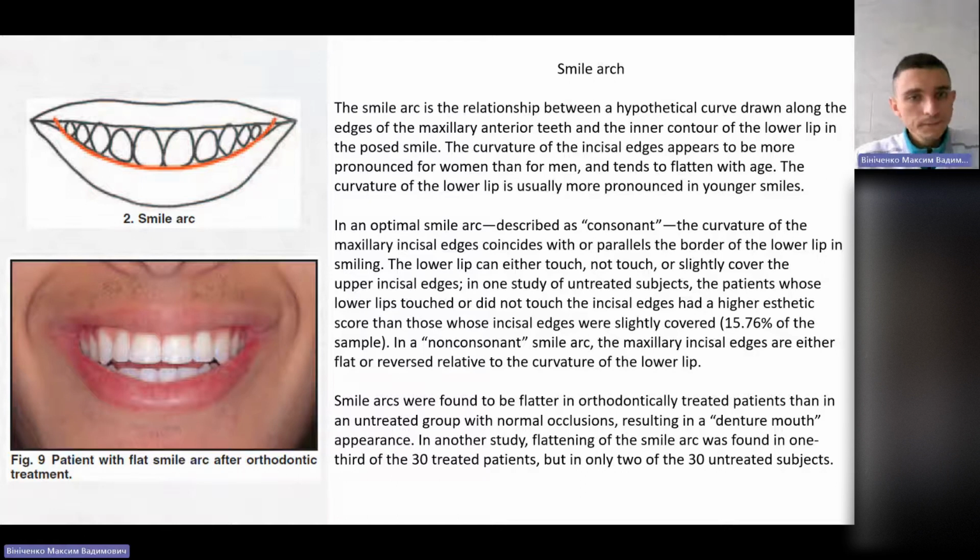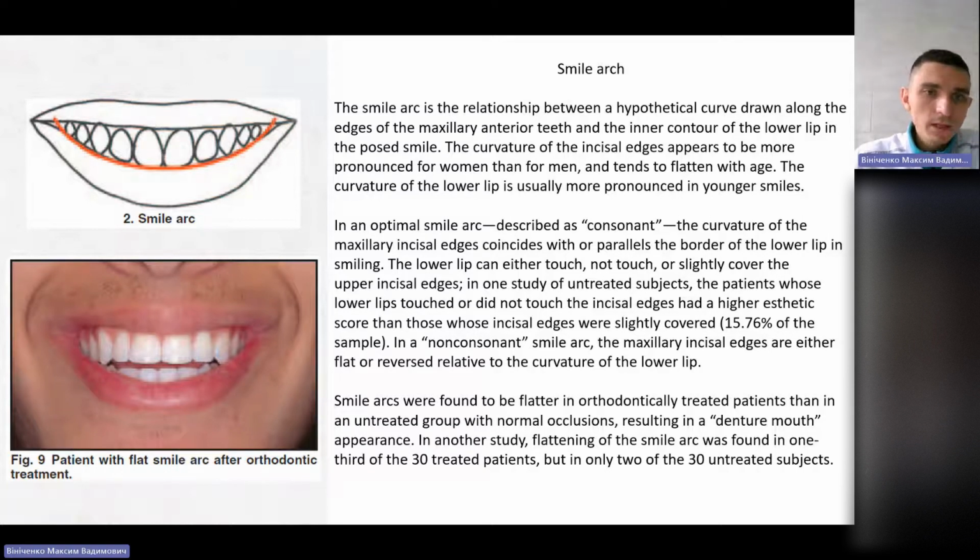So as here, smile arches were found to be flatter in orthodontically treated patients than in an untreated group, resulting in a denture-like mouth appearance.